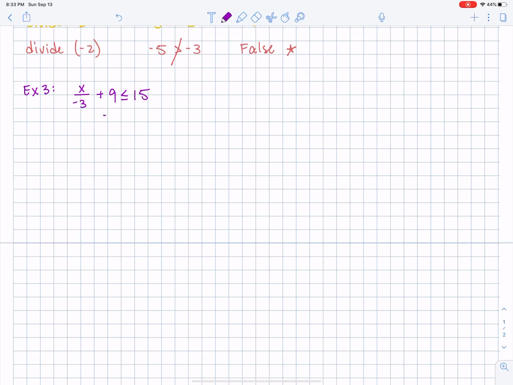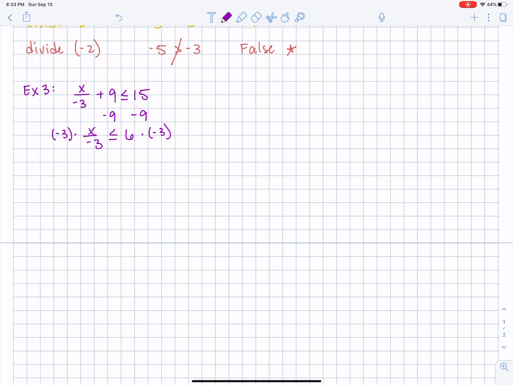All right, so I'm going to do this with inverse operations, but you could, of course, fraction bust if you wanted to. So when you subtract 9 from both sides, you get x over negative 3 is less than or equal to 6. So now I need to multiply both sides by negative 3.